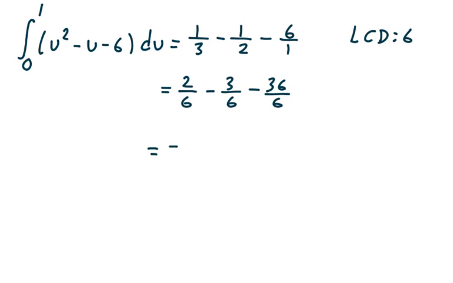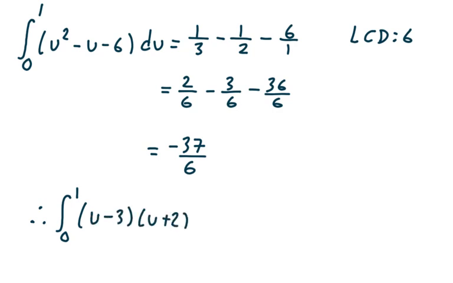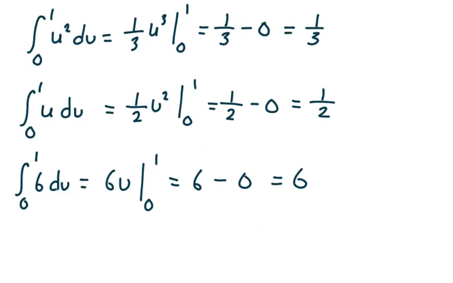And this is equal to negative 37 divided by 6. Therefore, the integral from 0 to 1 of (u minus 3) times (u plus 2) du is negative 37 divided by 6. And that was example 7.